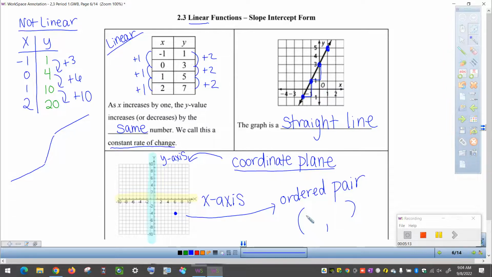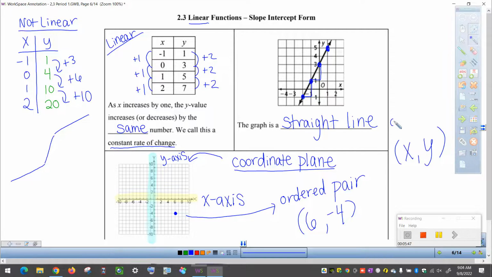And when we do our ordered pairs, our x value is always listed first. So we'd have a 6 in the first position, followed by a comma. And then if we look at where it is vertically, going over to the y-axis, we can see that it's lining up with the y value of -4. So I would list that second.